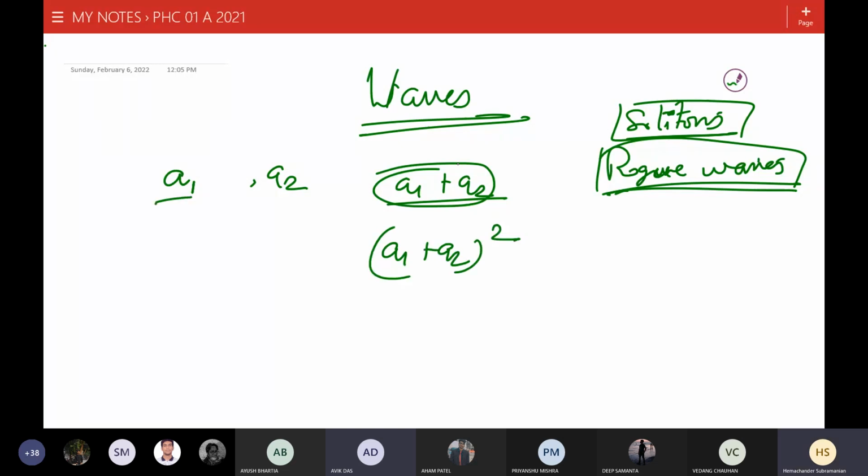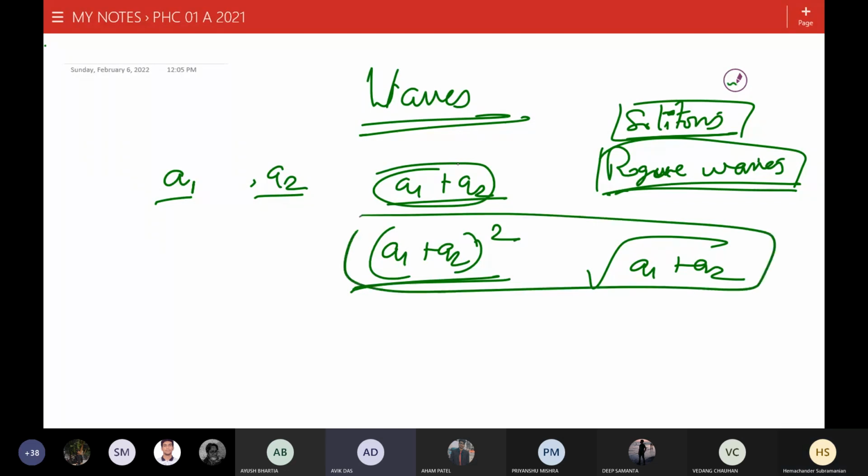Okay, you have an amplitude of A1, you have an amplitude of A2, but because of nonlinearity, if there is a square term in your equation, then your amplitude can be that, or your amplitude can be this. It can be anything. So the superposition principle does not hold.